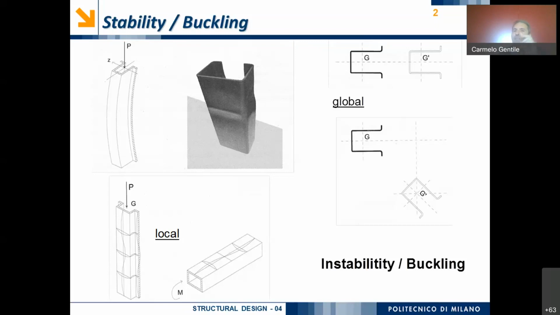Let us refer, for example, to a perfectly vertical column with an applied axial load. In a case like this, we know that there is no transversal deflection.